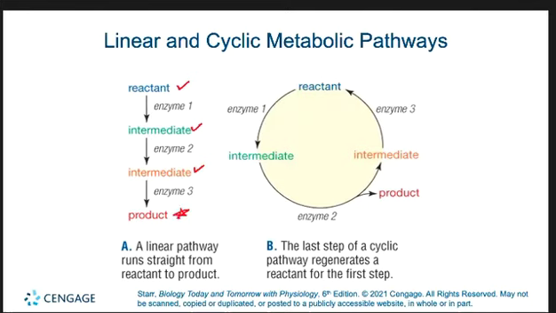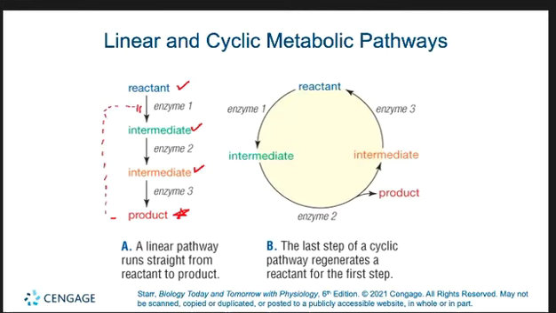And then usually when the product builds up to a certain point, it will feed back to the first enzyme in the pathway. And that will slow the reaction down. Okay. So, like that. And that's so that we have control.